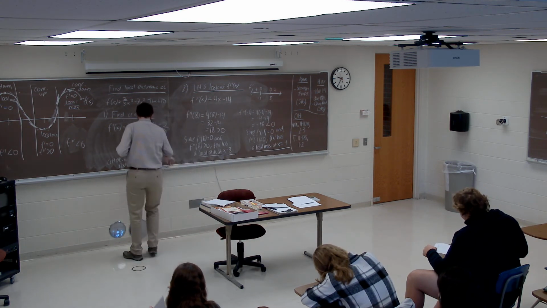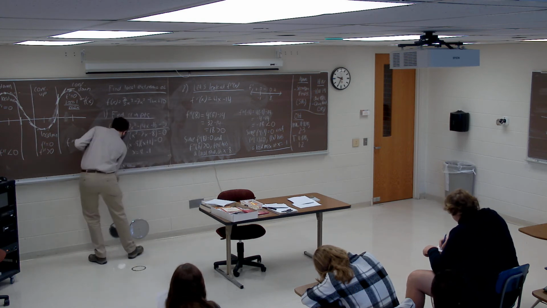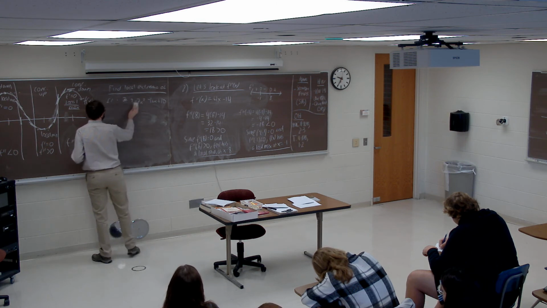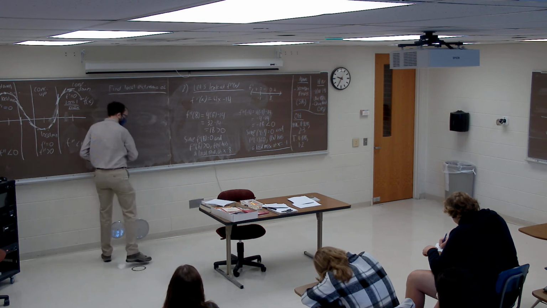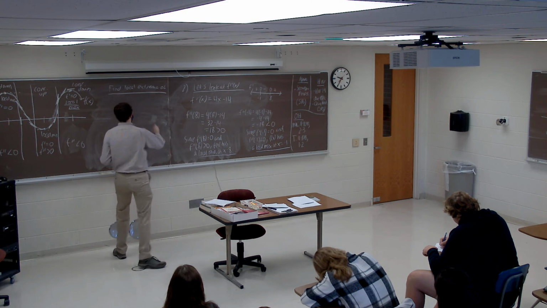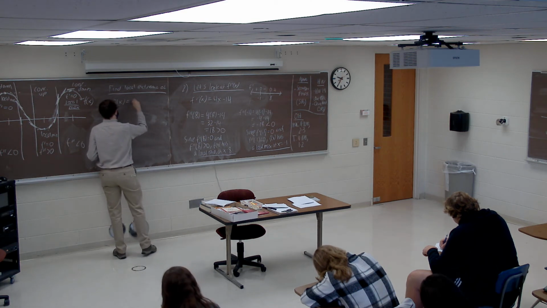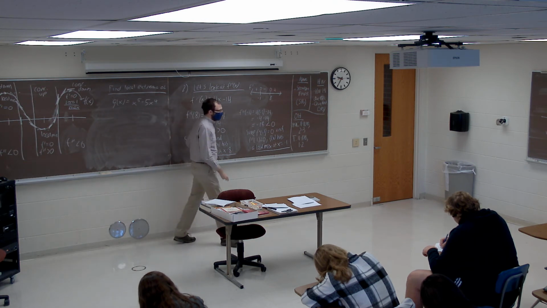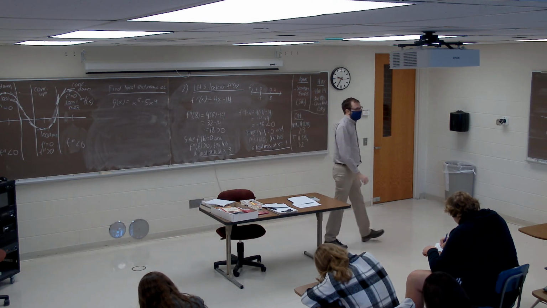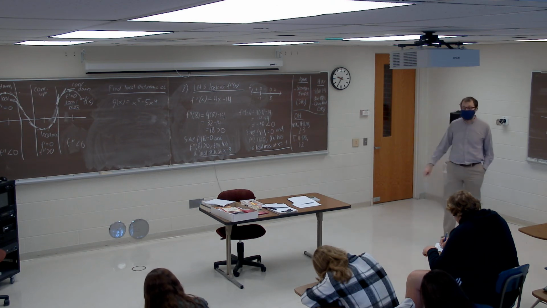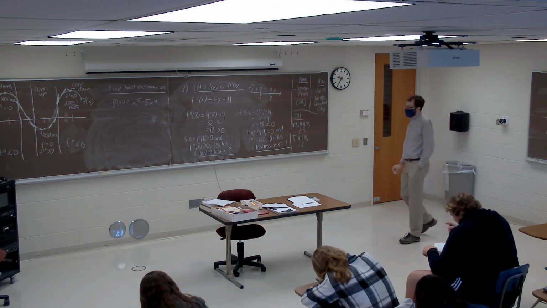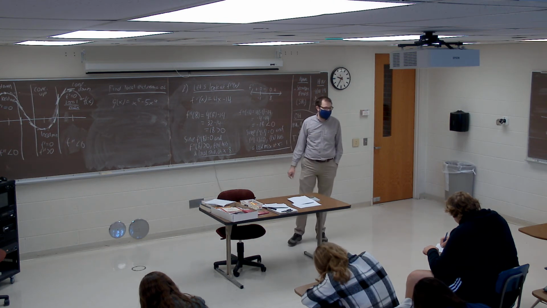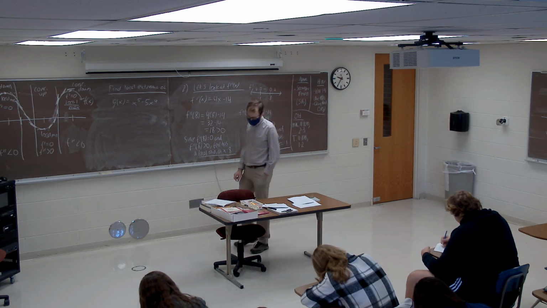I want you all to take a couple minutes and see what happens if we apply the same process, except this time our function is going to be g of x equals x to the fifth minus 5x to the fourth. So go ahead and see if you can use the second derivative test to determine where this function has a local maximum and where it has a local minimum.